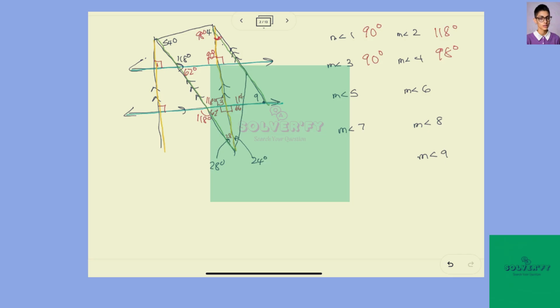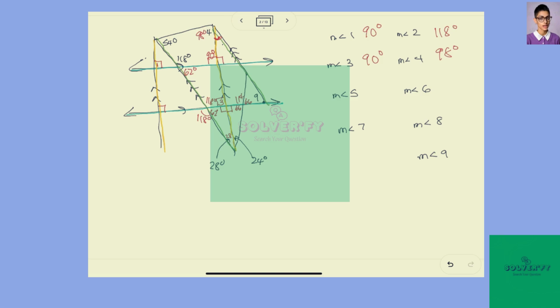I'm just going to kind of fill in as I go. So this is 66. And I want to be able to get up to that top area. So I'm going to need to use, I think, these green parallel lines cut by a transversal.